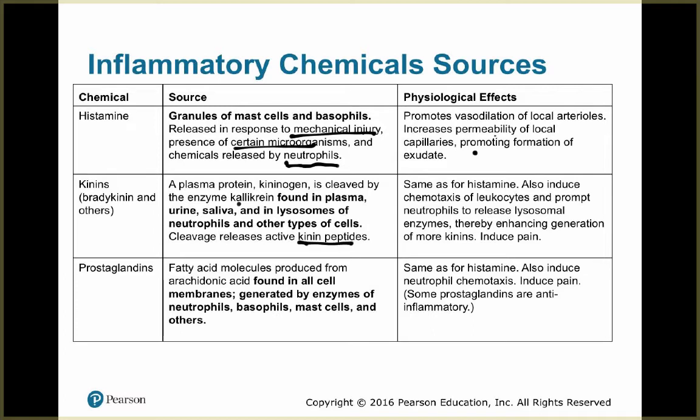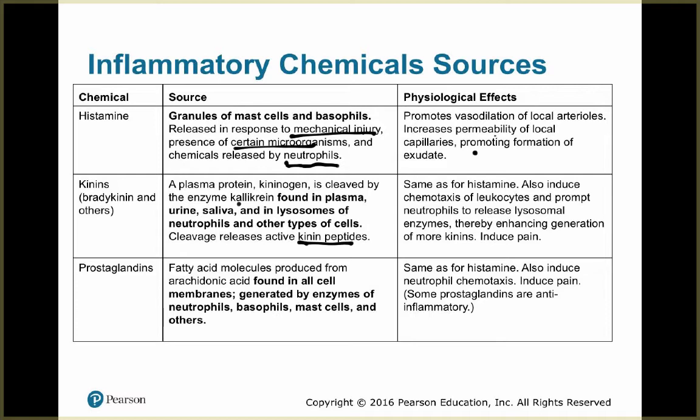And just like histamine, you'll see that they induce chemotaxis of leukocytes. They promote neutrophils to release lysosomal enzymes, so it helps to enhance generation of more kinins. This will induce pain.